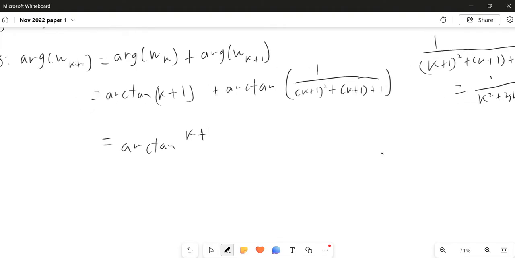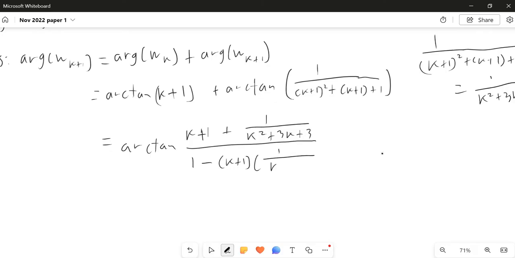So k plus 1 plus 1 over k squared plus 3k plus 3, all over 1 minus a, so k plus 1 times b, so 1 over k squared plus 3k plus 3.